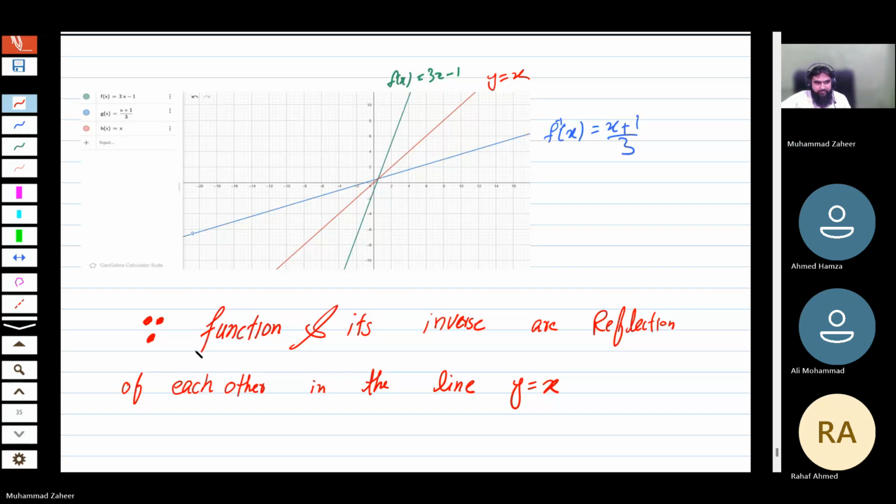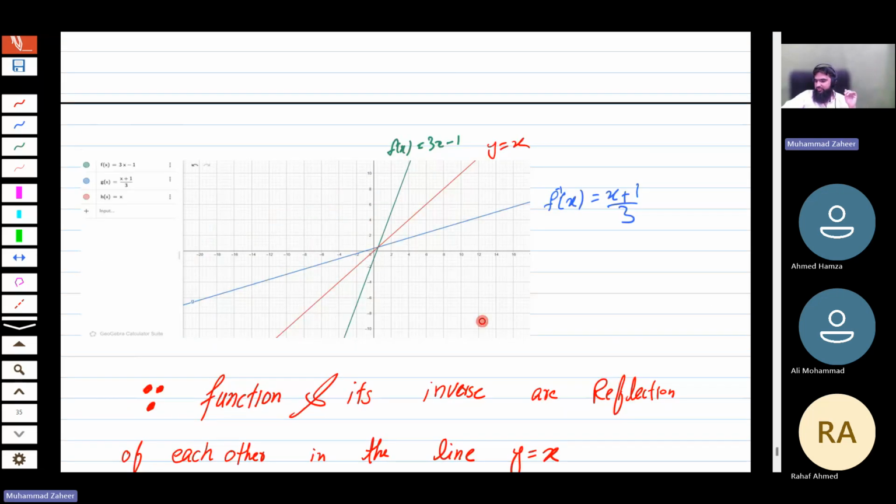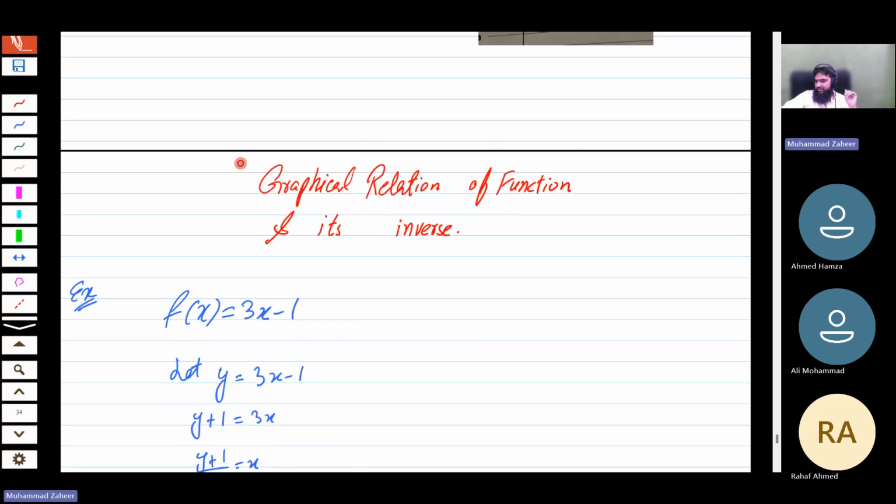It is not only for the linear graph. If it is quadratic or any other one, it is the same thing. It doesn't matter what the graph looks like. Inshallah, we are going to discuss in detail the graphical relation of the function and its inverse.